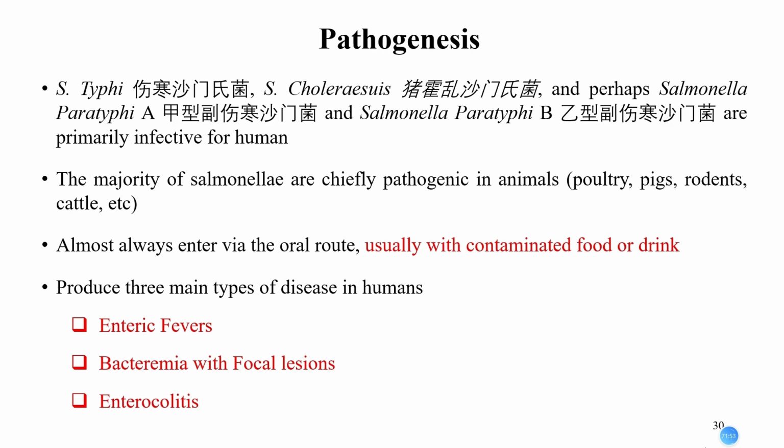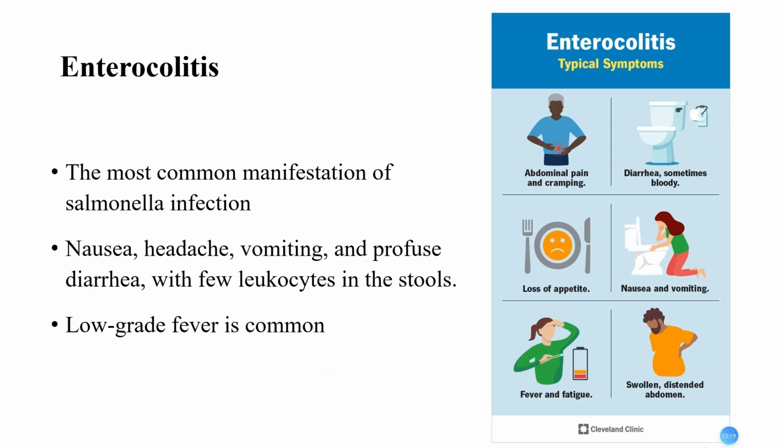Once a human is infected, Salmonella can cause three major types of disease: enteric fever, bacteremia with focal lesions, and also enterocolitis. Okay, for the Chinese students, we would introduce all these points in detail, but here we will just introduce the enterocolitis.